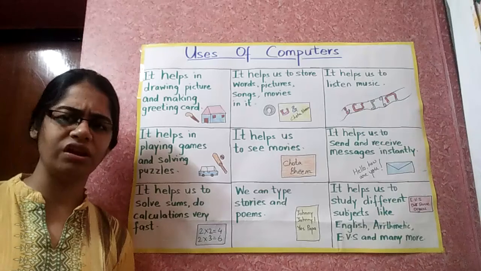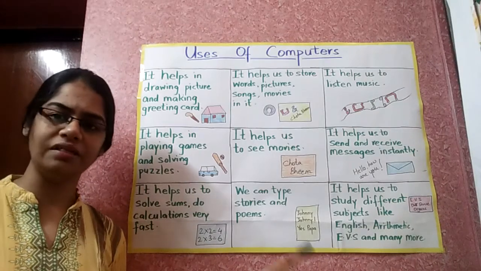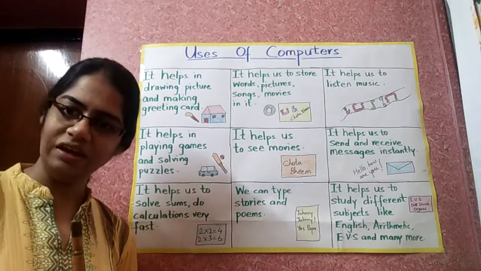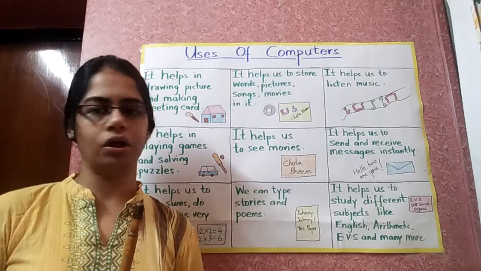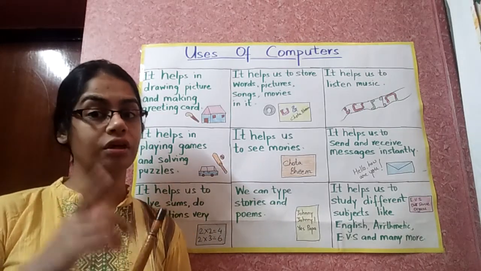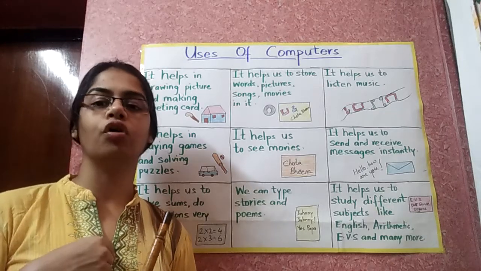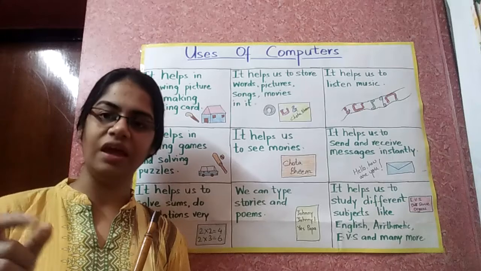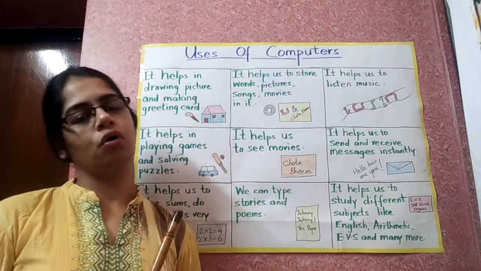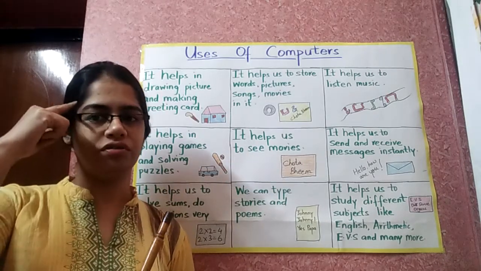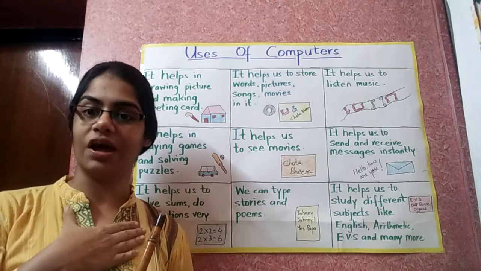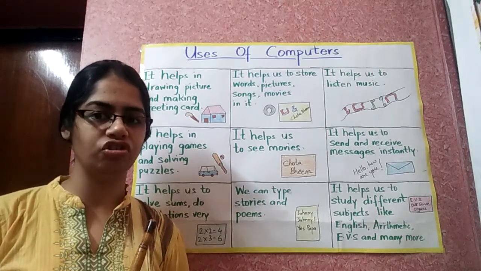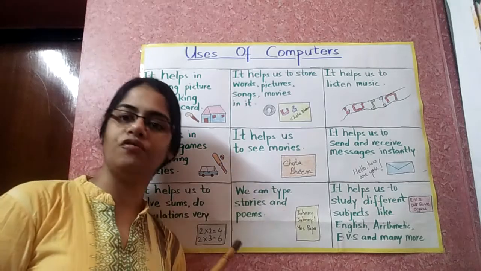But you know children, computer can do many things but cannot do all the things. We can think, but can computer think? No, computer cannot think. It works on our command. That means whatever we say, computer will do according to that. Computer does not have a brain, but we have a brain. We can take decisions, such as whether you have to study or you have to play.